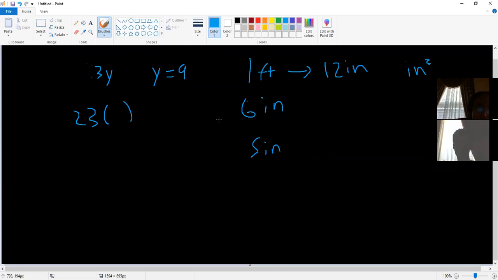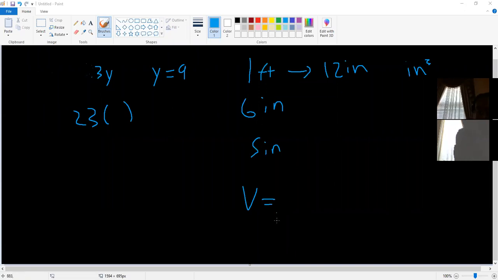Can someone unmute their mic so they can tell me the formula for volume? I don't want to choose someone at random. Your mic doesn't work. Okay, you're excused. Base times height.